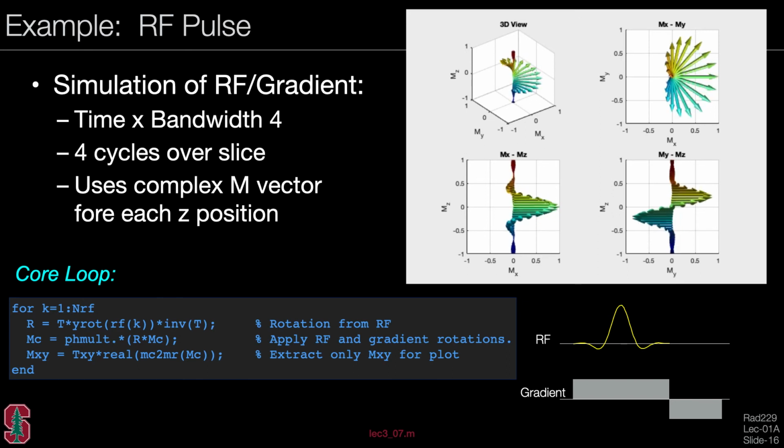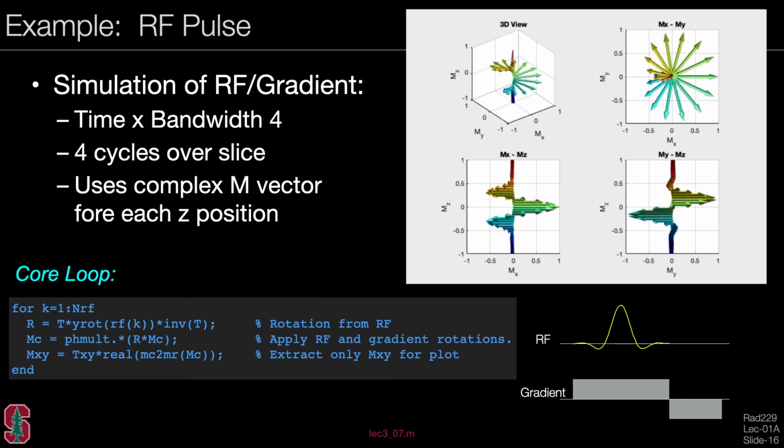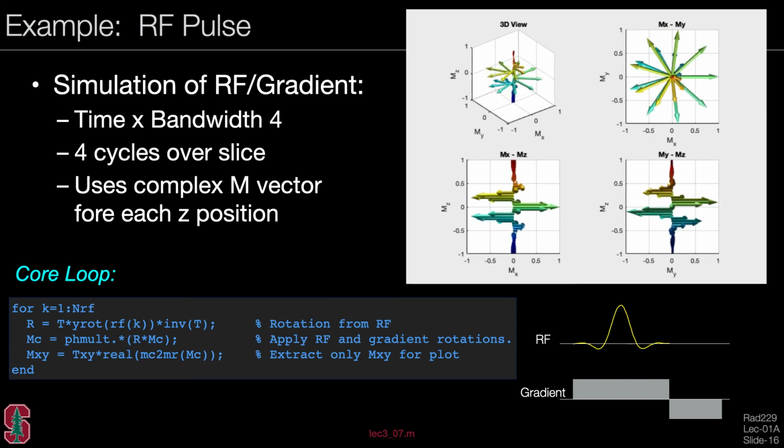So we can back this up and play this over time, and essentially at each loop we're going to plot the magnetization across a range of Z here. And we're just plotting the transverse magnetization. So we start with very little. You can see the cycles evolving over the pulse here, and you can see that as the magnetization is tipped, the pulse profile grows, and then over the course of the pulse that profile actually gets sharper, but the magnetization is dephased a bit, so it's a little bit hard to see.